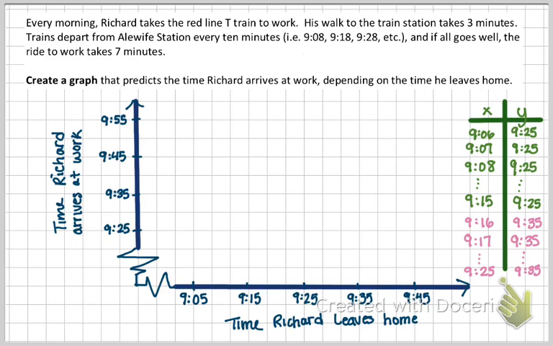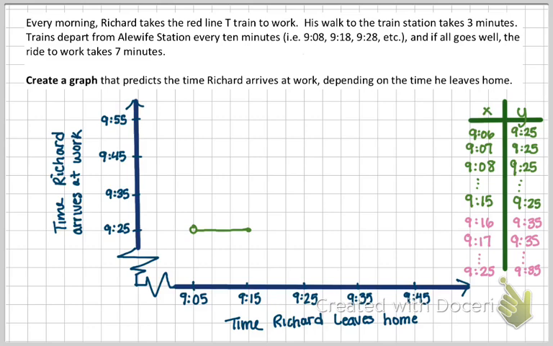So you see these intervals here, and we can start graphing them. I'm going to start at 9:06. So at 9:05, I'm going to draw an open circle. If he leaves at 9:06, he'll get to work at 9:25. And he will continue to get to work at 9:25 all the way up to if he leaves at 9:15.